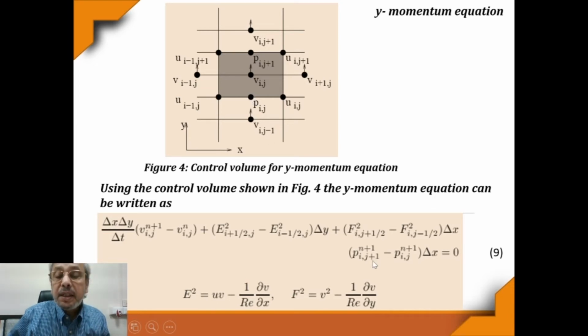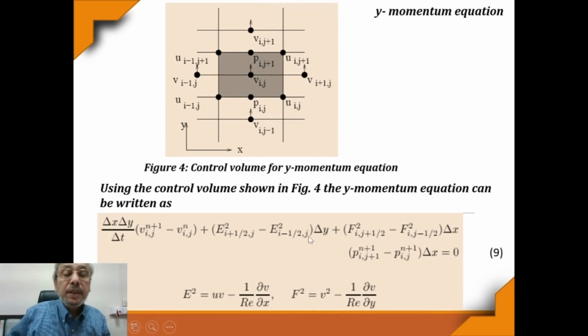So P i j plus 1 minus P i j into delta x, and pressure is at the level of n plus 1. And we have already seen earlier we did this substitution. What is the meaning of E2 and what is the meaning of F2?